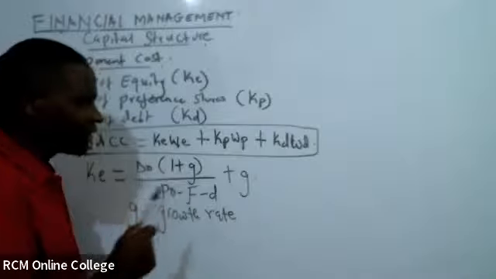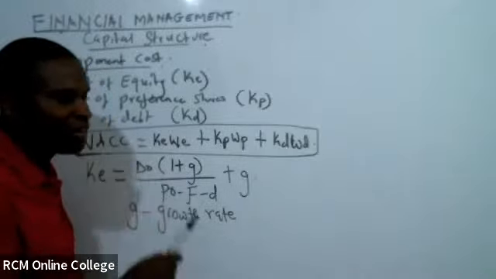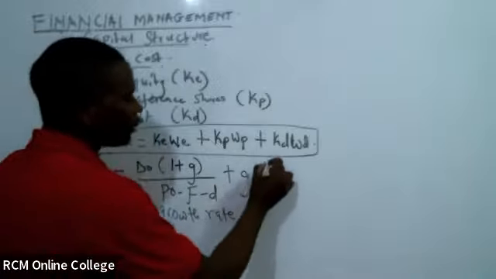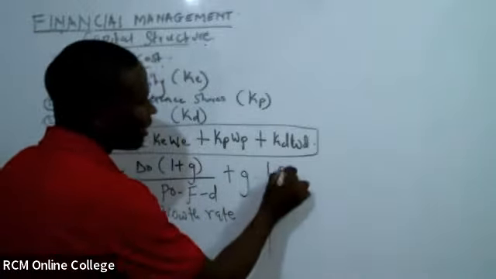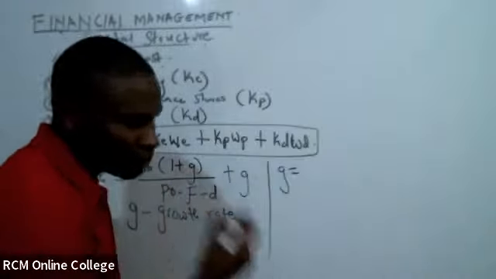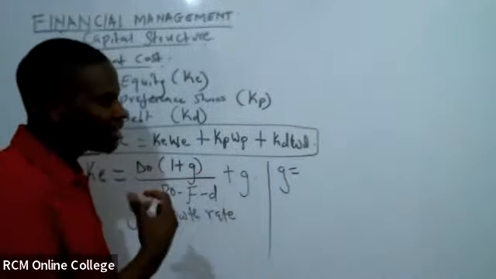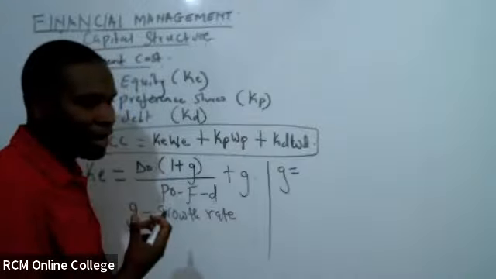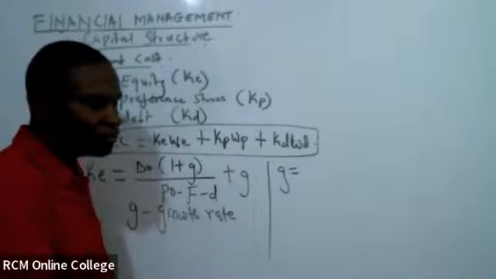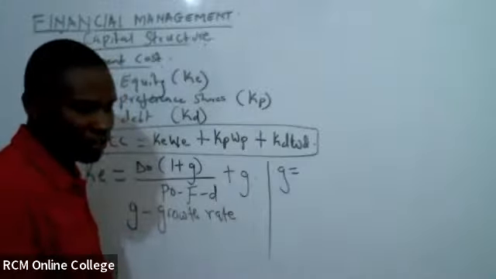So in that case where the examiner has not given you the growth rate, the examiner will give you information that will guide you to get the growth rate. For example, the examiner can give you current dividend and previous dividend or past dividend.